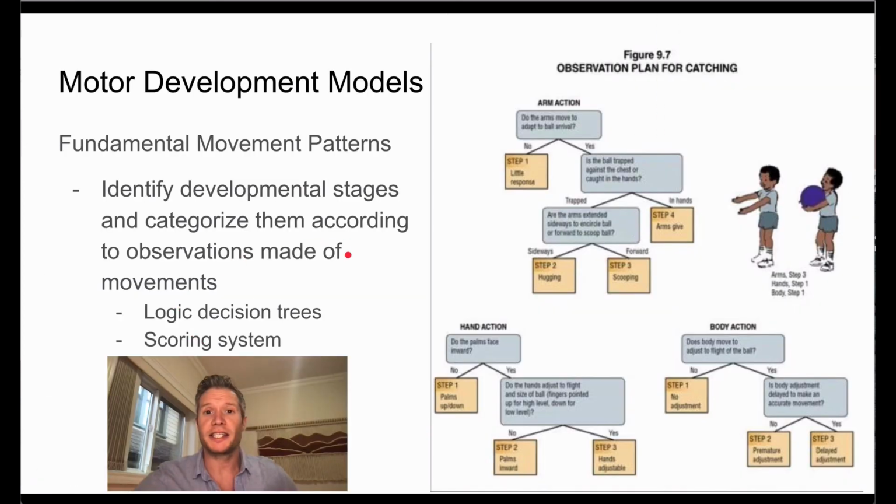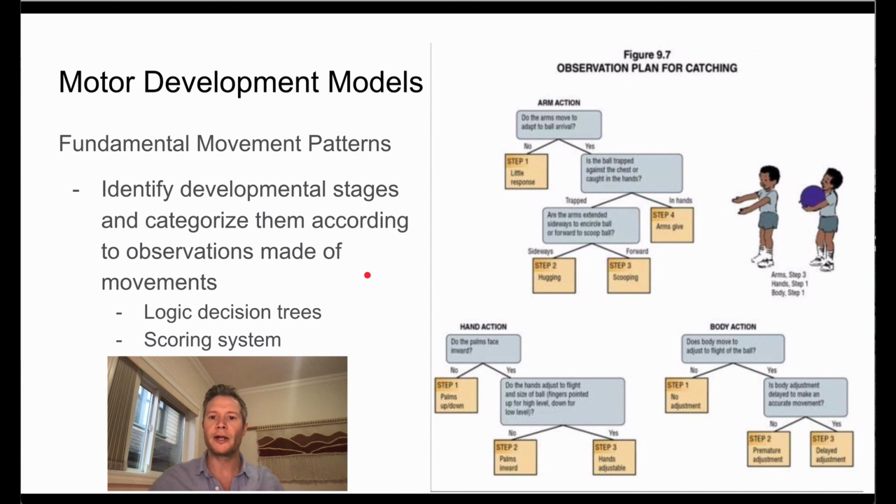Okay. One of the things that this model helps, and we get a lot of it from the fundamental movement patterns or fundamental movement skills, the FMS, is identifying developmental stages. And so through that, we have this logic decision tree scoring system and mapping that we can utilize for certain skills.